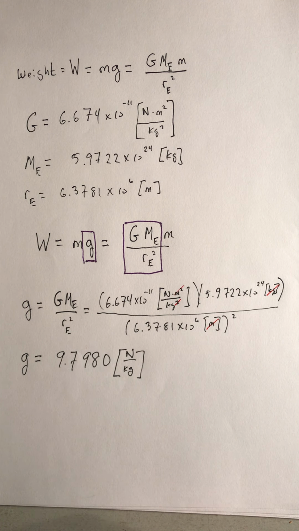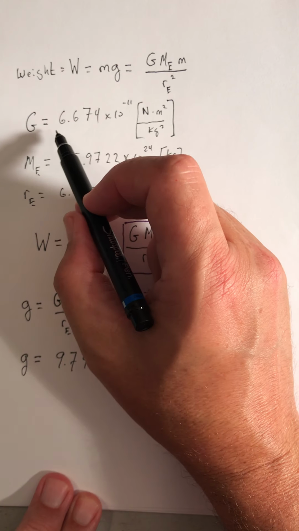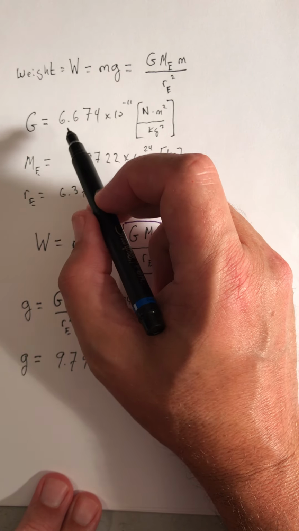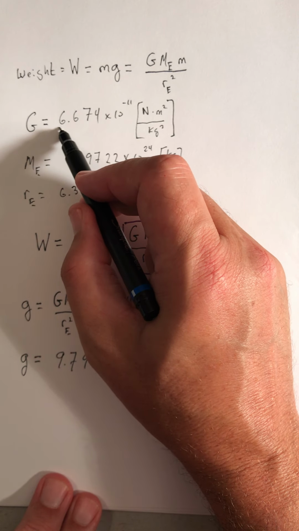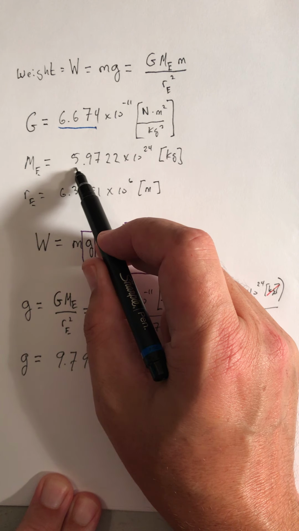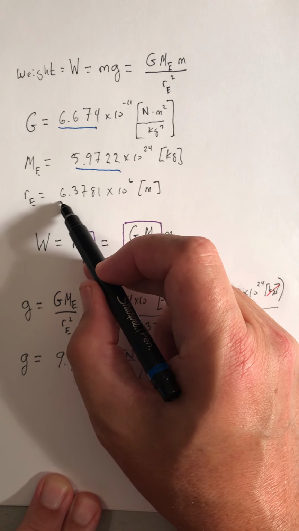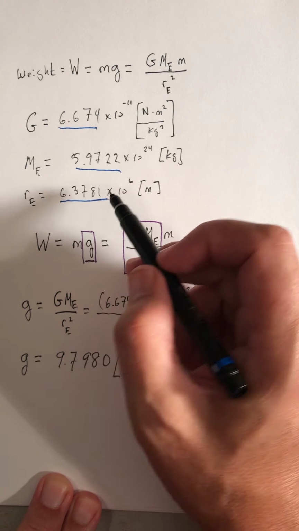And now we want to think just a second about significant figures. Because even to this day, universal constant of gravitation is not terribly well known. That has 4 significant figures. Value I use for the mass of the Earth is 5 significant digits. Raised to the Earth is 1, 2, 3, 4, 5.